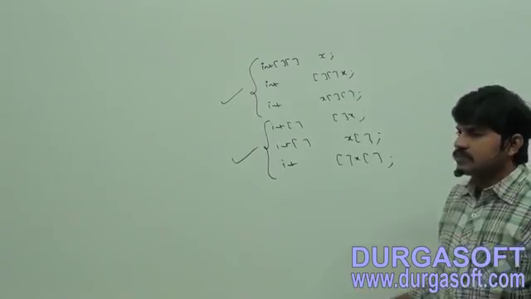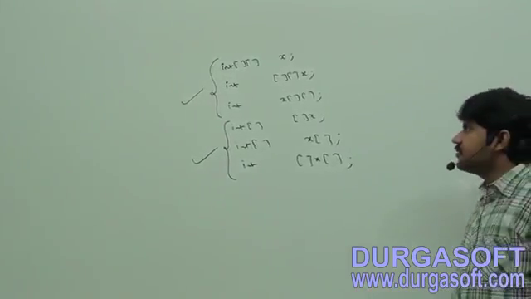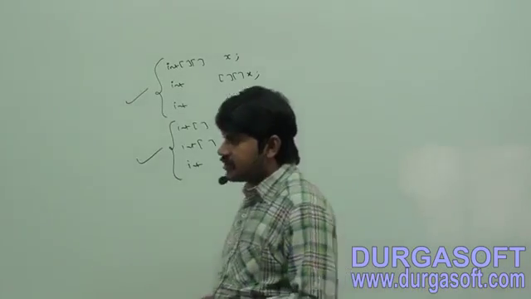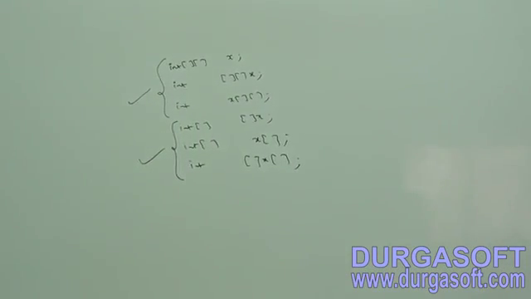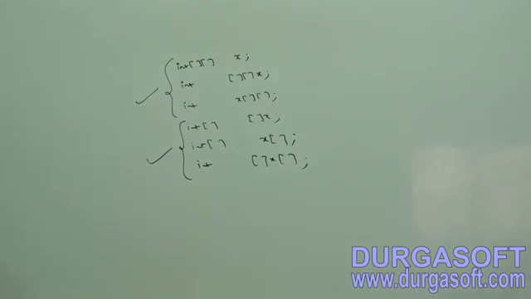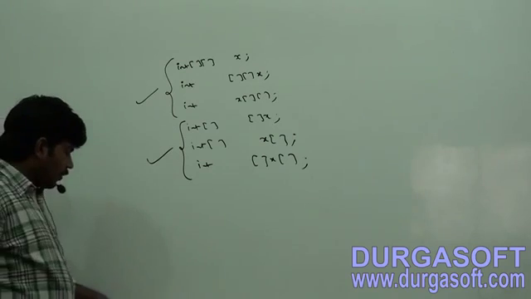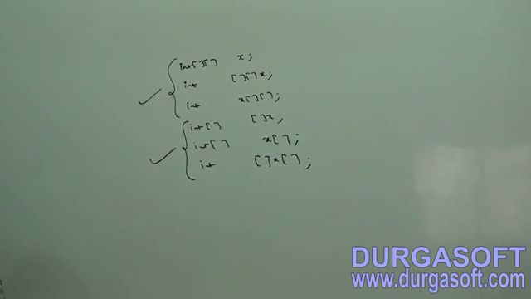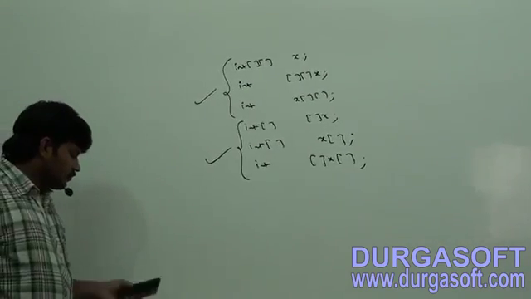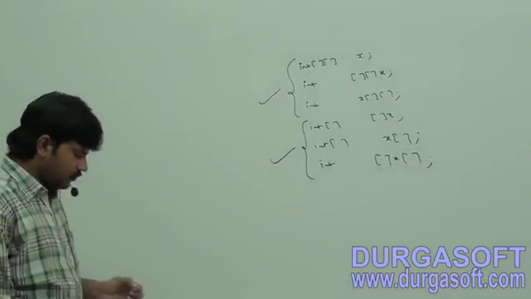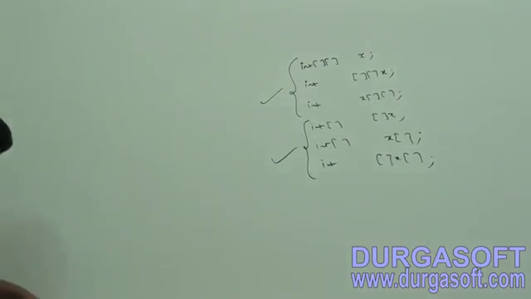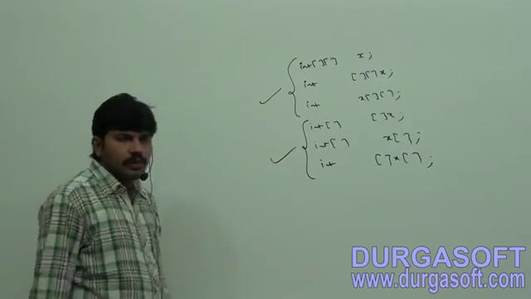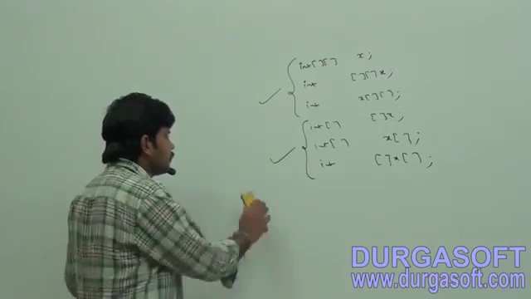Take clearly: int two-dimensional array X, like this. Can I complete it? Make sure. Okay, clear for you people.